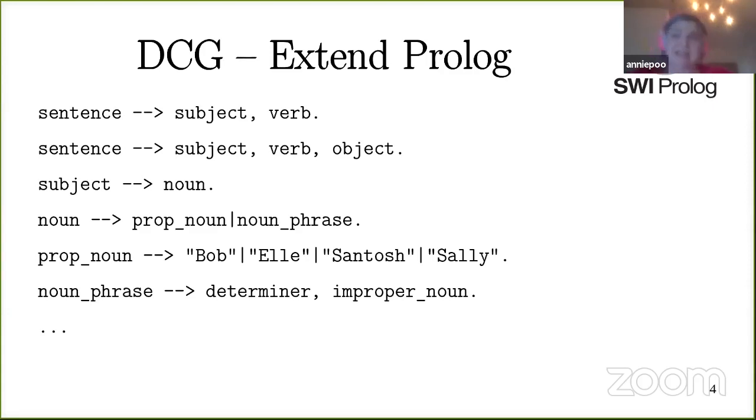Definite clause grammars let you define the syntax of a language in a Backus-Naur format-like way, and then use that as a parser or a generator for the language. So here's a little bit of a simplified version of English, and we could then determine whether input strings were in this or generate them.